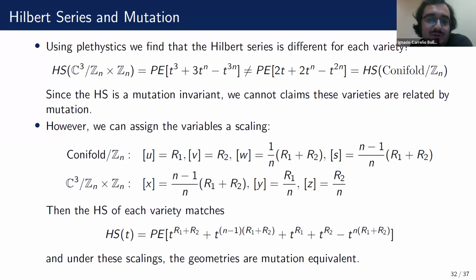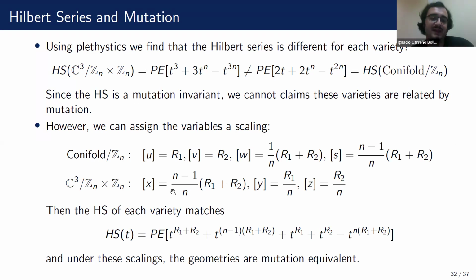However, we can squiggle out of this situation by instead choosing some non-trivial scalings for the original variables. So for example, for the conifold variables, we choose these scalings parameterized by these two quantities, R1 and R2. And we also can take this choice for scaling for the C3 orbifold.